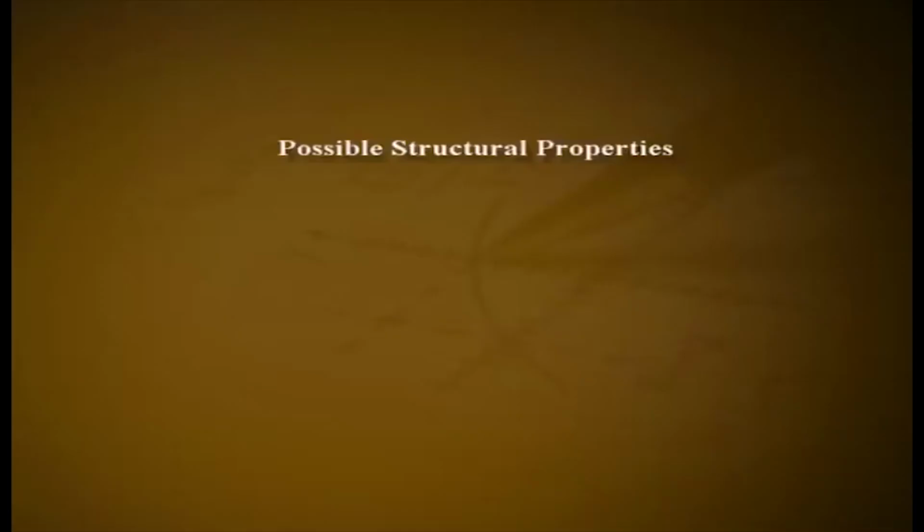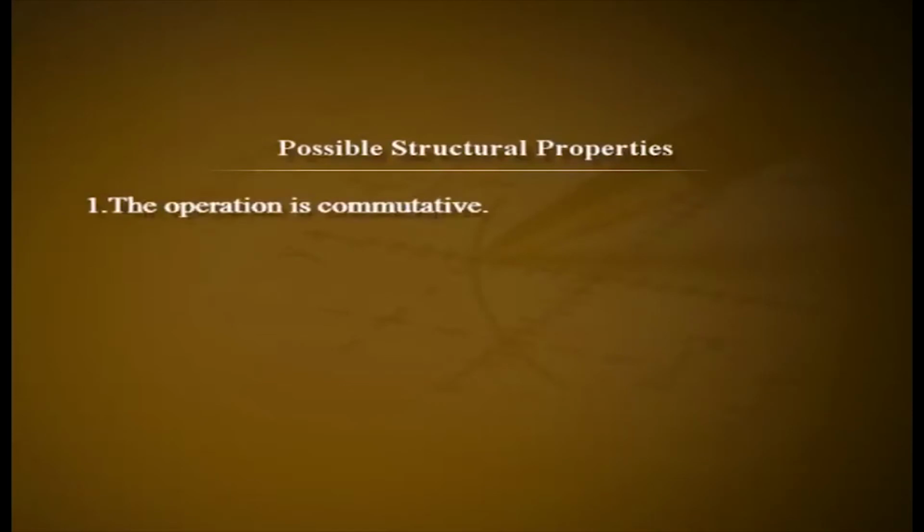It is not concerned with names or some other non-structural characteristics of the elements. The following are examples of some structural properties and some non-structural properties of groups. Possible structural properties. The operation is commutative.